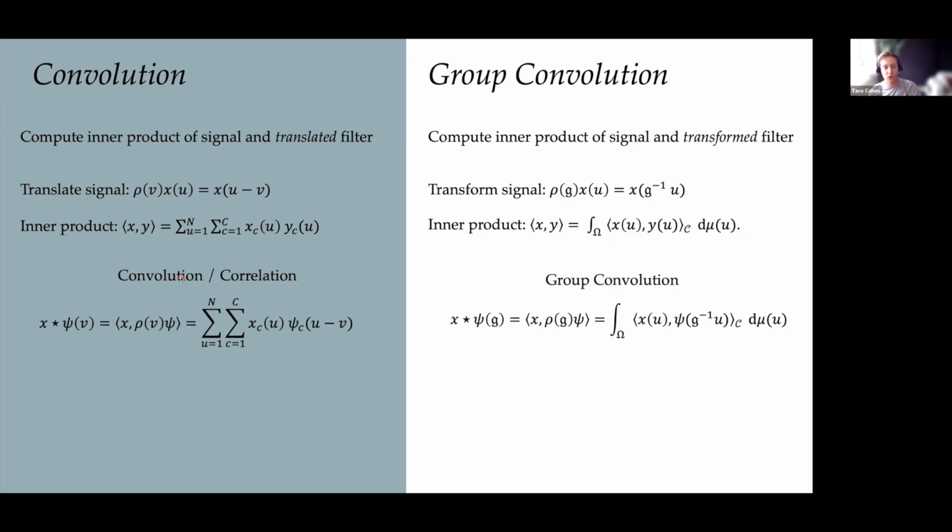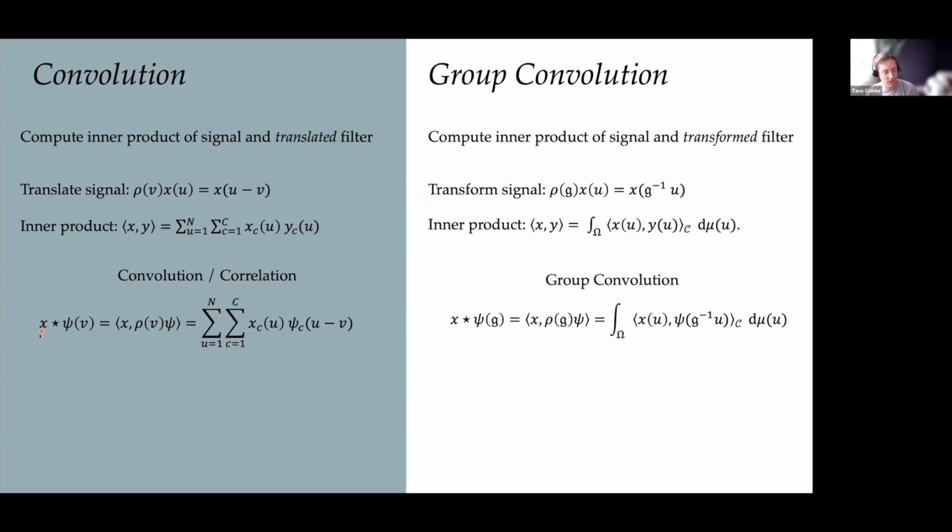And then convolution and group convolution is defined as follows. I should say that in the deep learning literature, everybody calls this convolution, even though in some other fields it's more common to call this a cross correlation, but we will not be worrying about the difference here.